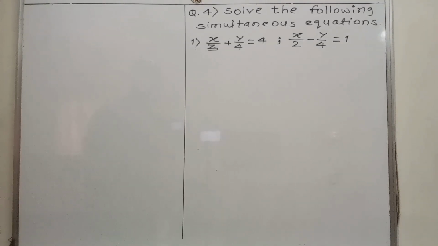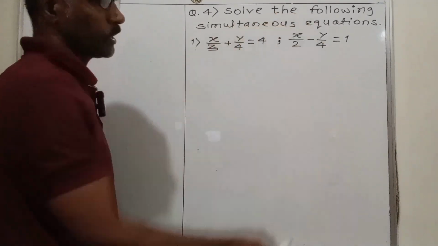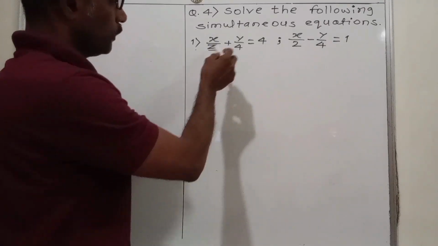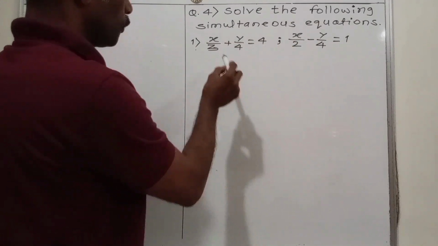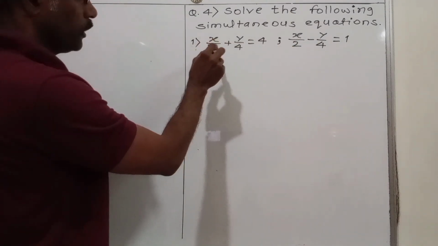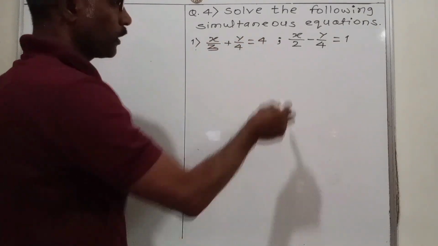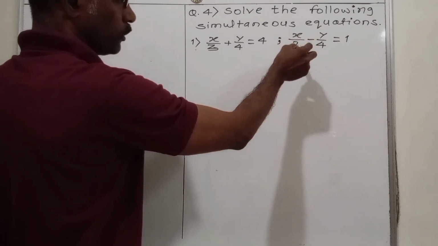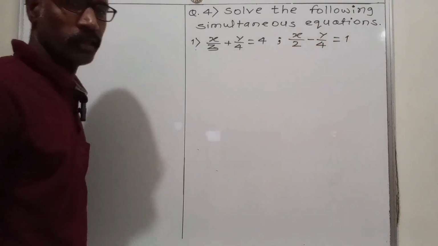Problem set 5. Question number 4. Solve the following simultaneous equations in two variables. Okay. Now see this. First, x upon 3 plus y upon 4 is equal to 4. Second, x upon 2 minus y upon 4 is equal to 1.